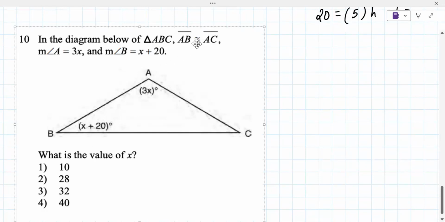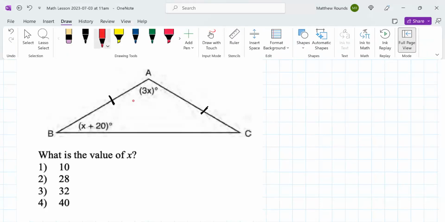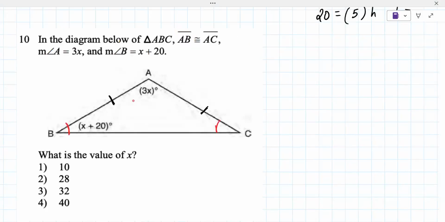So here's the thing, AB is congruent to AC. So what that means is that it's an isosceles triangle, which means that the base angles are also congruent, which means that this is also x plus 20 over here. So would it just equal all 3 of them to 180 and then solve for x? Yes, exactly. So go ahead and work that out, please.